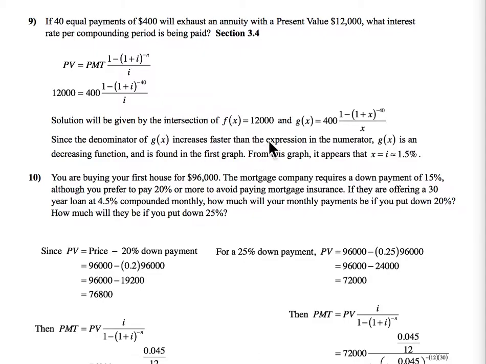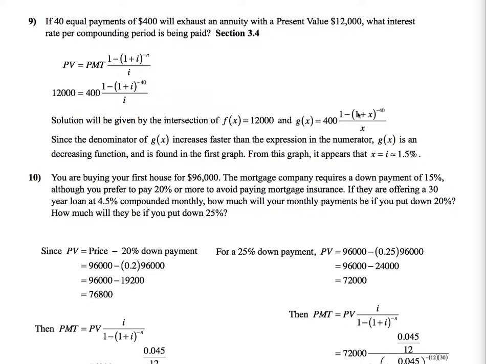and you are looking at question 9, is this an increasing or decreasing function? Well, it says the denominator increases faster than the expression in the numerator, and the expression in the numerator is 1 minus a decreasing exponential function.